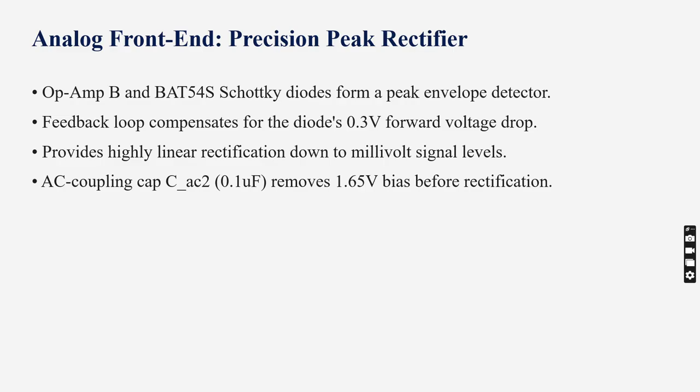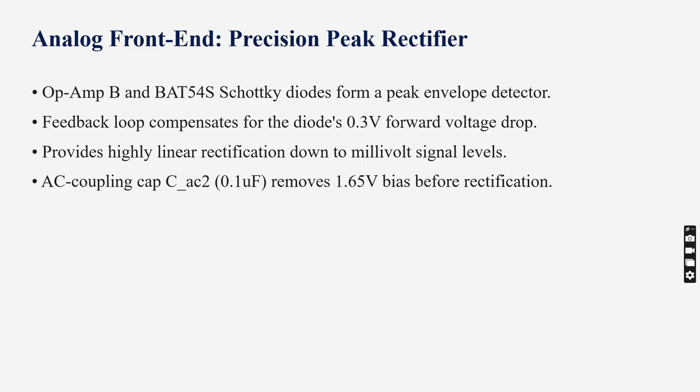Next, the signal is AC coupled to remove the 1.65 volt offset and pass to the active peak rectifier using op-amp B and the BAT54S Schottky diode array.